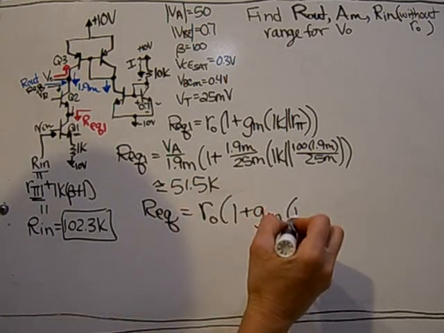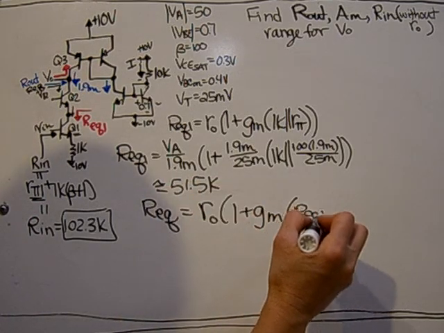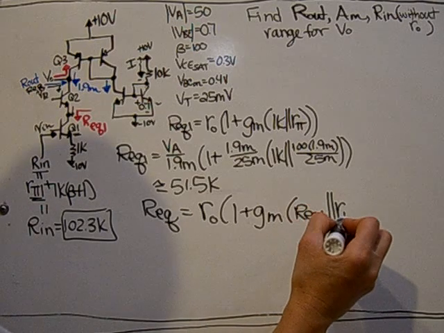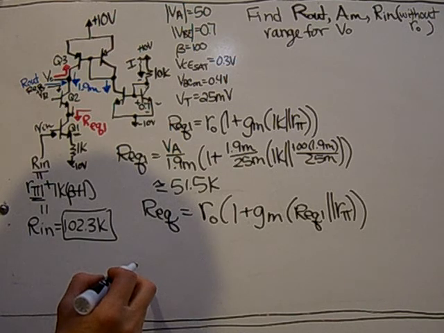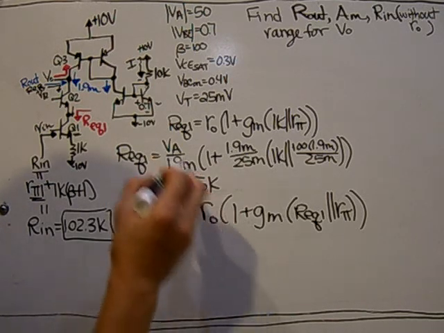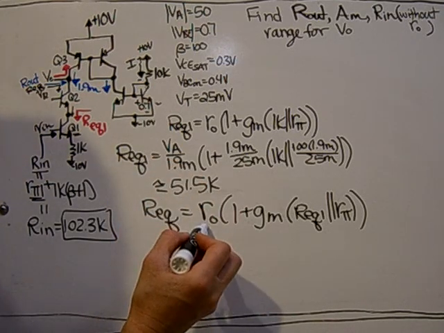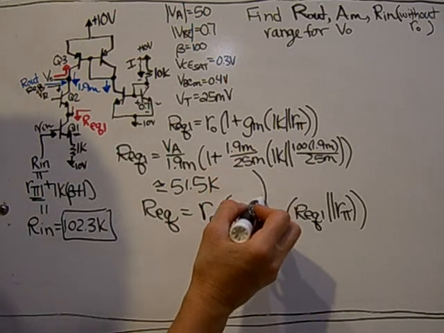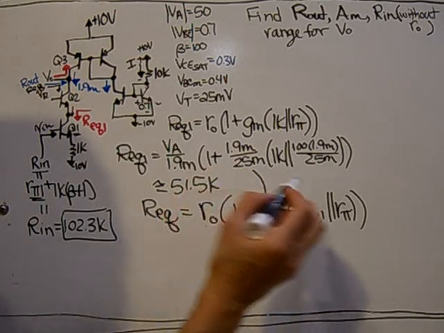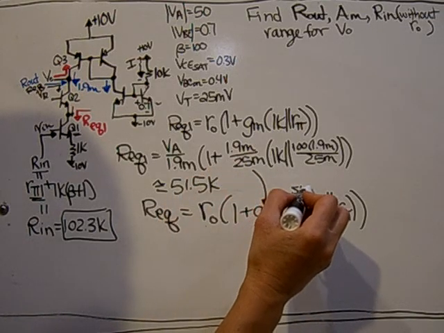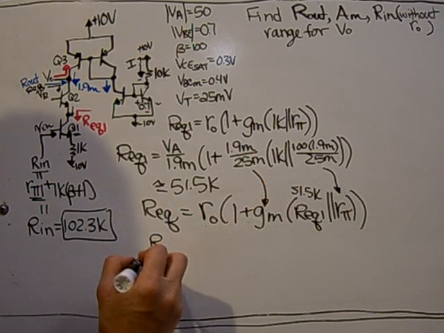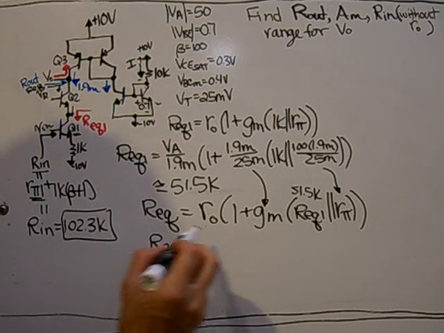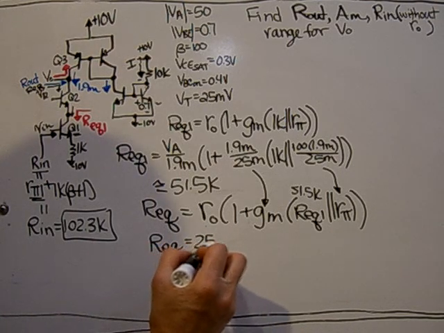This time now it's R equivalent 1 in parallel with R pi. And same thing, VA over 1.9 milli for this, and then this is going to be the same. And now this is 51.5K, and this is the same. So the R equivalent is 25.9 megs.